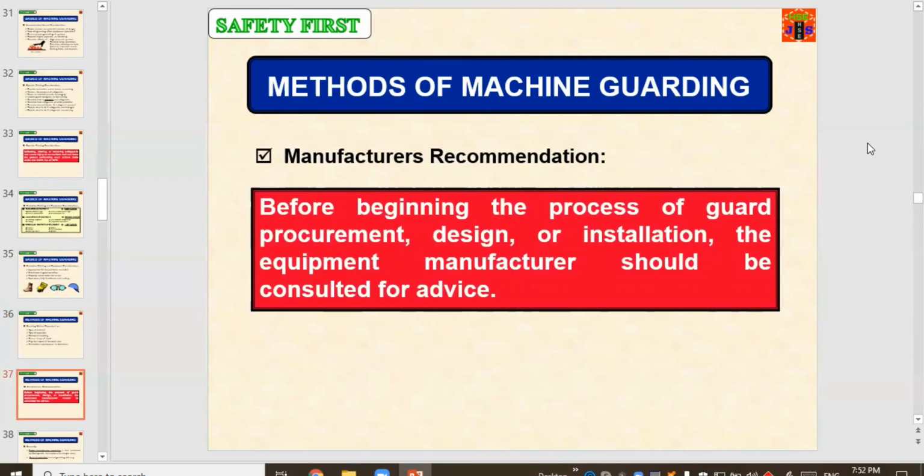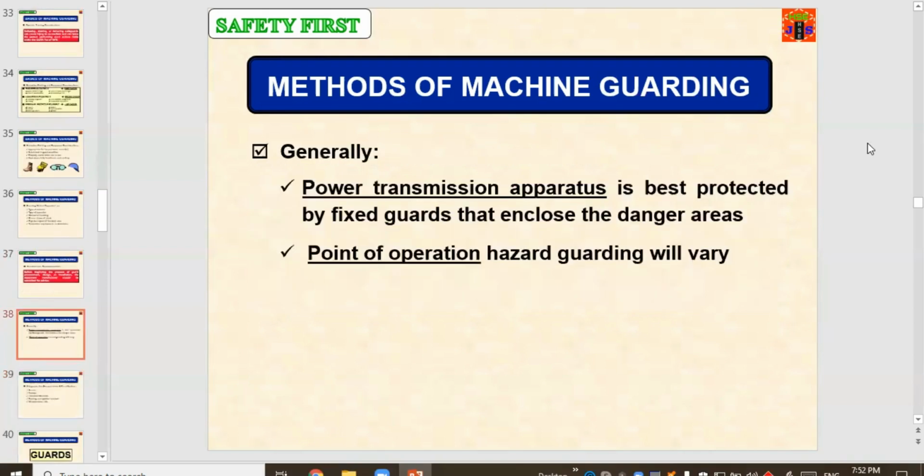Remember, before beginning the process of guard procurement, design, or installation, the equipment manufacturer should be consulted for advice. Generally, power transmission apparatus is best protected by fixed guards that enclose the danger areas, while the point of operation hazard guarding will vary as per the nature of the equipment.